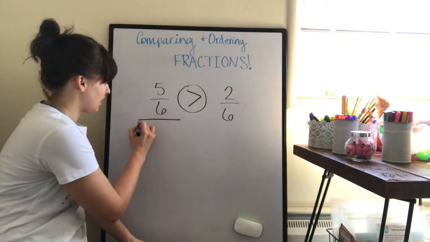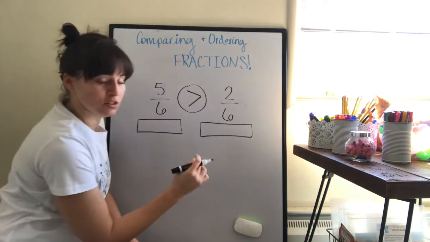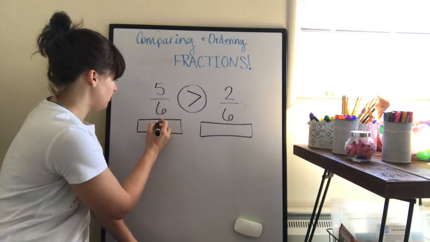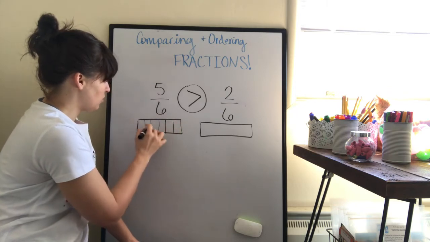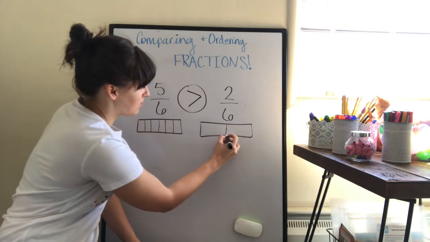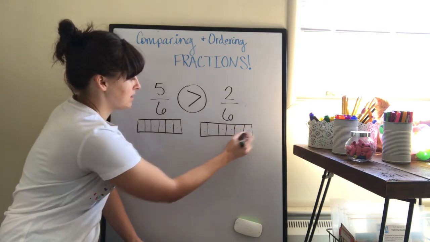If we drew those out, pretend those are the exact same size. And I have 1, 2, 3, 4, 5, 6. And I have 1, 2, 3, 4, 5, 6.